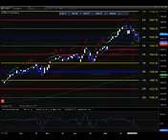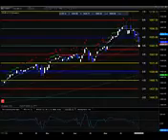The next real area of support is going to be right where the breakaway gap originated from, around 1595 or so. The 50 DMA is just a little bit higher than that, so between the 50 DMA and the breakaway gap window is going to be your key support area for tomorrow if we continue to the downside.